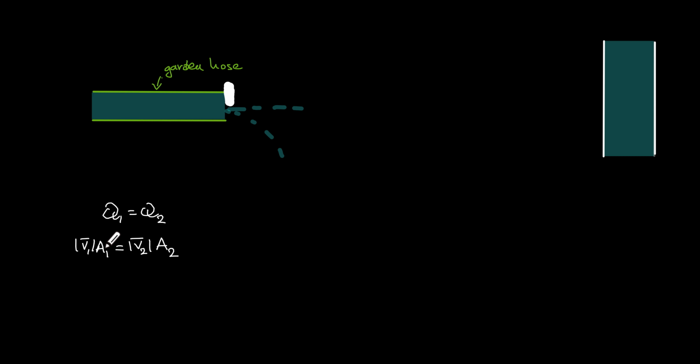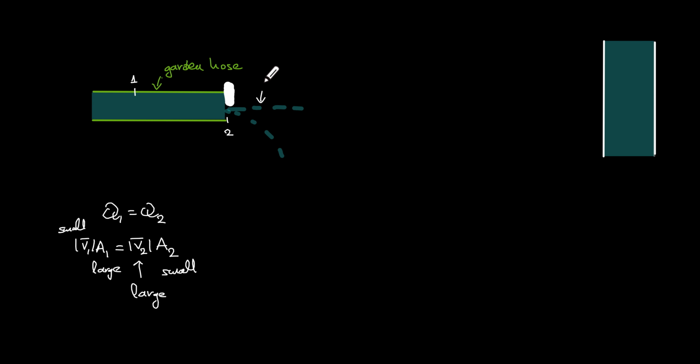Now, if I make this to be 0.1 and this to be 0.2, where I have my finger covering most of the tip of the garden hose, then the area here will be small, this here will be large, and this means I'll have a small speed of the water flowing in the garden hose, but at the tip where I'm covering most of that area, I will end up having a large speed.